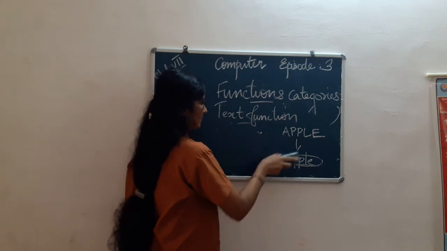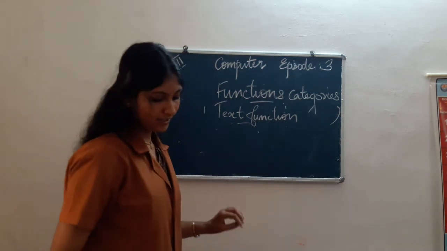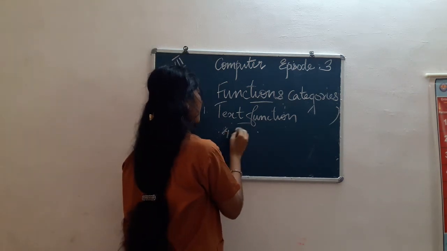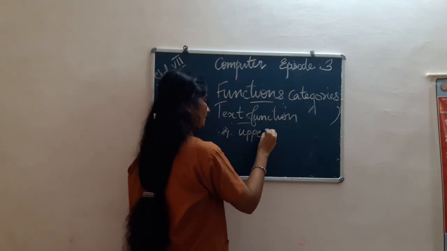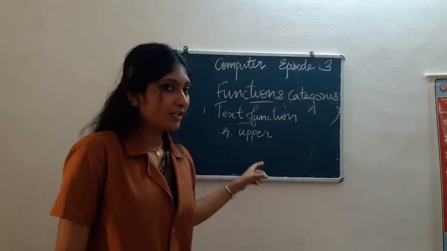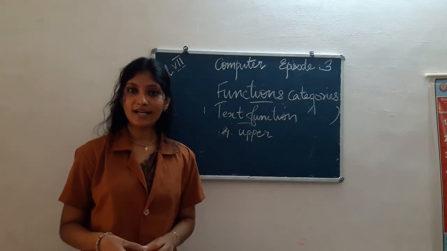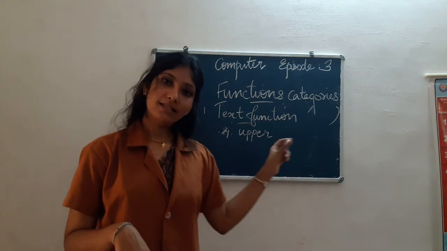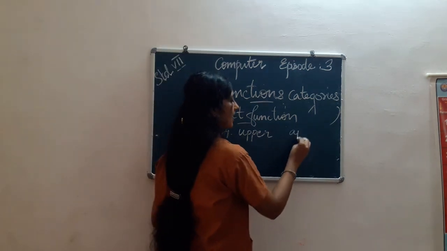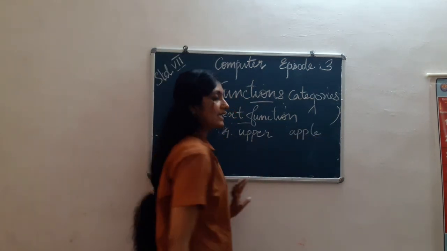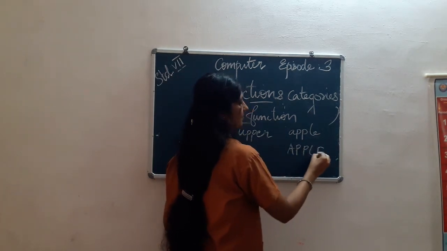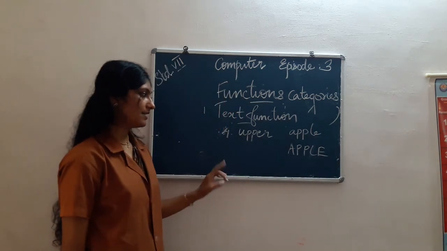Then the next function is upper. This is just the opposite of lower. Here we can write the input as lowercase letters, and this function will convert it into uppercase letters. For example, if we write apple in lowercase letters, it converts into uppercase APPLE. So what's the function syntax?